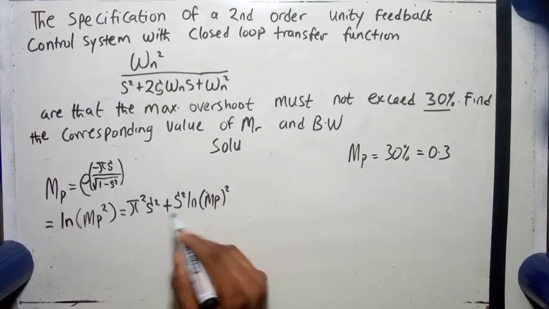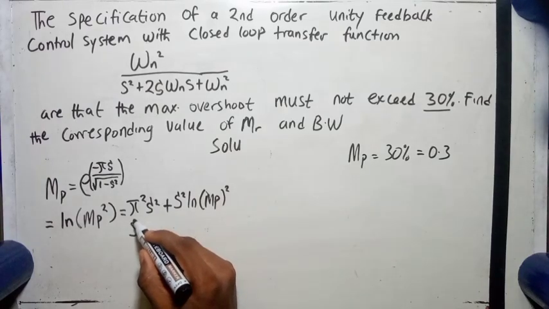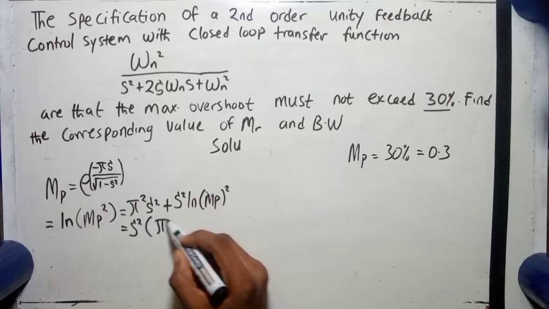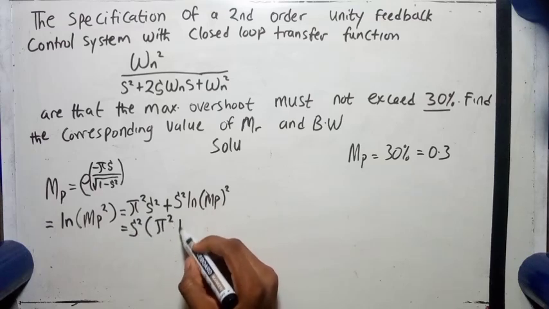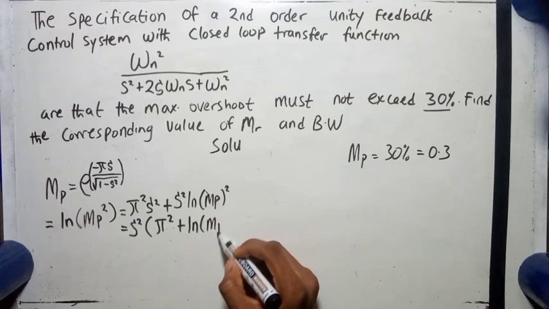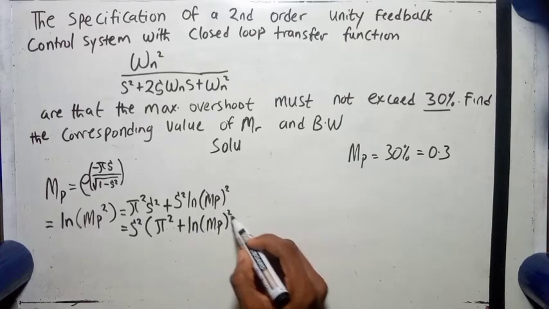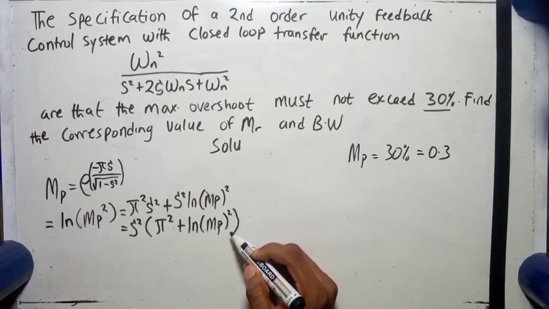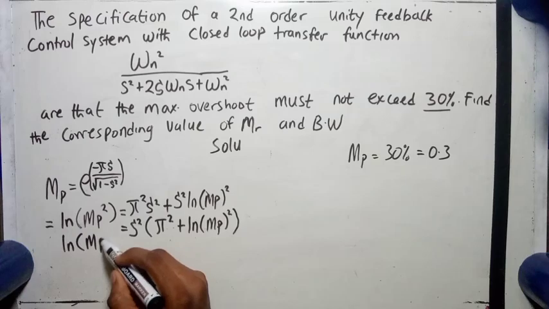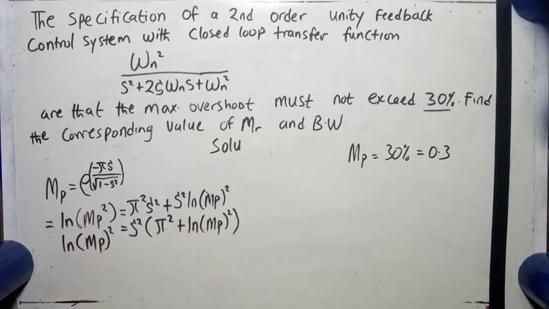Now zeta is here, we can now factor out, and we have pi square plus natural log mp square is equal to natural log mp square.